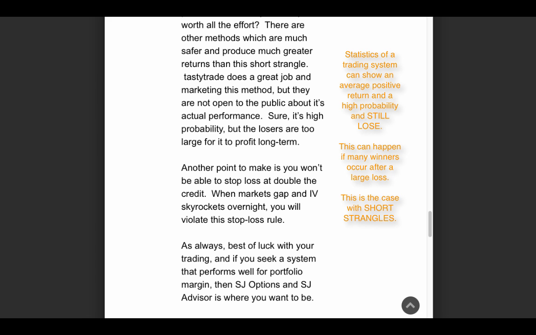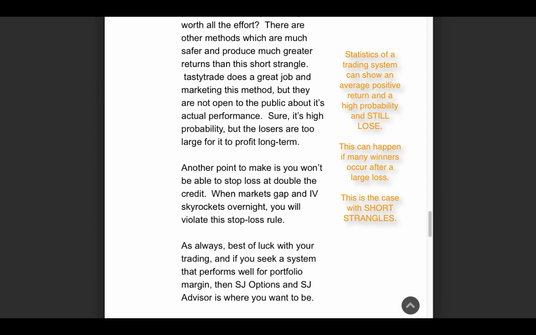Again, the important thing to take away from this lesson, a couple things. Like I said, when you're looking at those reports, it really doesn't mean much when someone says I have 80% winners, 90% winners. It doesn't even mean a lot if you say your average winner is 4% and the average loser is 12%.